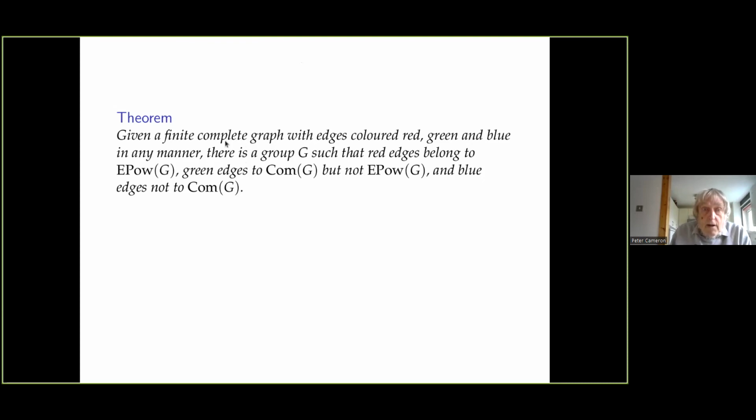If you color the edges of a finite complete graph in any way, red, green, and blue, I can find a group G so that the red edges belong to the enhanced power graph, the green edges belong to the commuting graph, but not the enhanced power graph, and the blue edges are not in the commuting graph. So we can do all of that in a single group G.